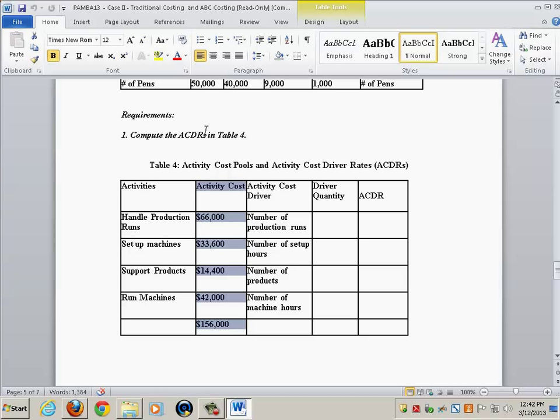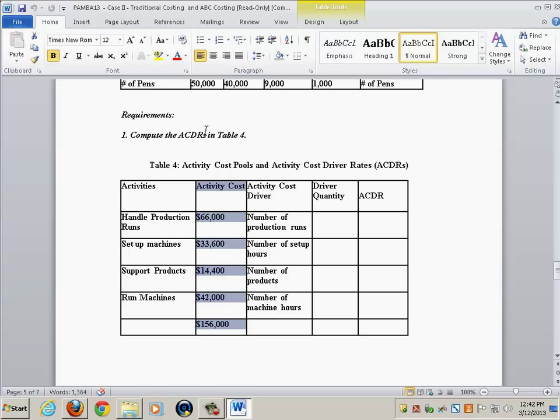What does that mean? You identify each cost associated with each particular activity. For example, the activity here is handling production runs. You ask yourself, what are all the costs associated with handling production runs?